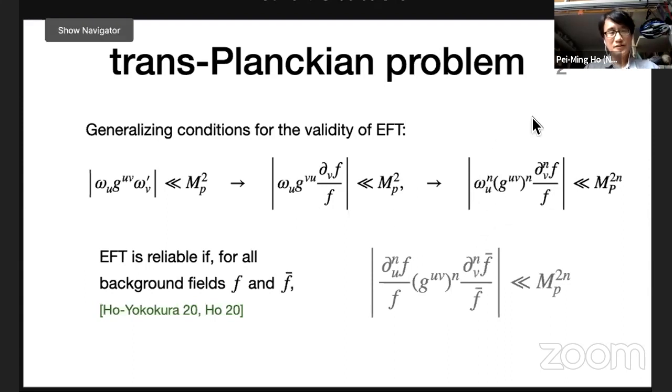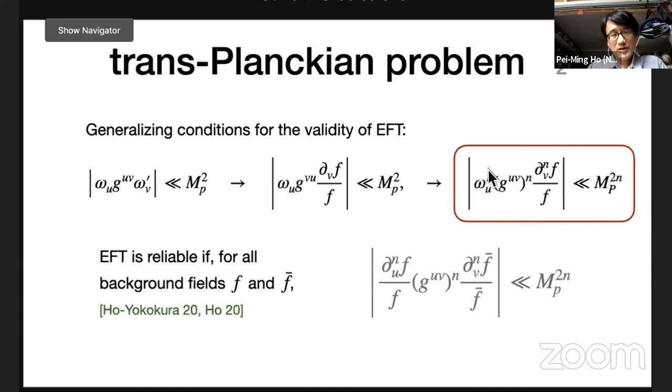You can also generalize it by taking higher derivatives, or considering two different functions, f and f bar, both raised to higher derivatives. And you need all of these invariant quantities to be sub-Planckian in order to claim the validity of effective field theory.